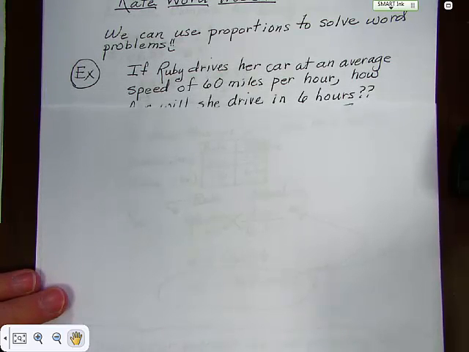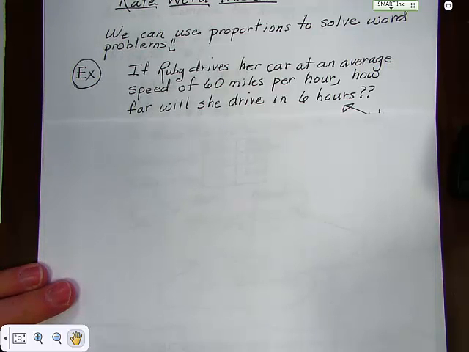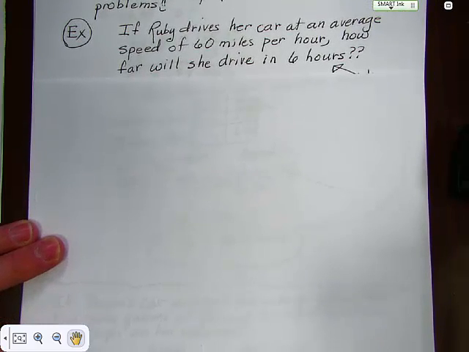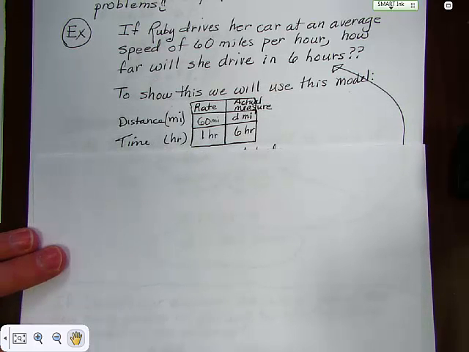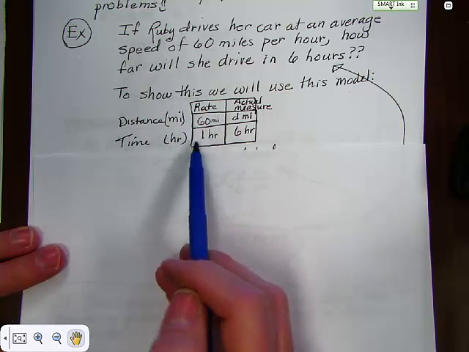Here's an example, and these are set up very similar to what we were doing in the last lesson. If Ruby drives her car at an average speed of 60 miles per hour, how far will she drive in 6 hours? Now there's a couple different ways that you can set these up. There's this kind of a model where you set it up as distance on the top, time on the bottom.